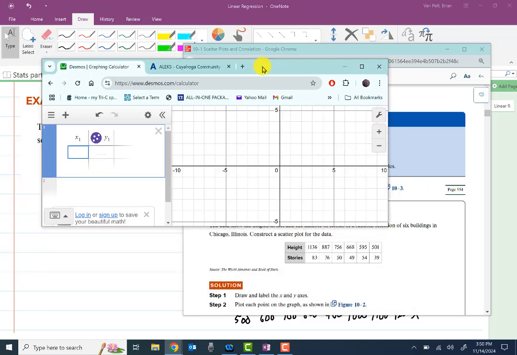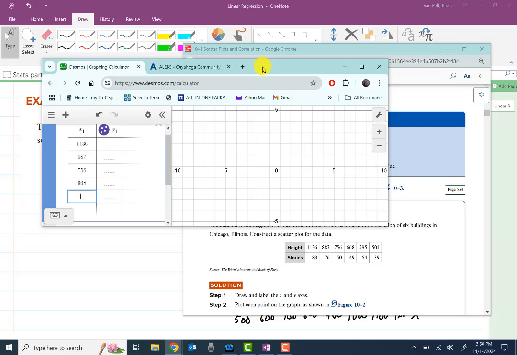There we go. I'm going to enter all the x values first. And now I'll put in the y values.